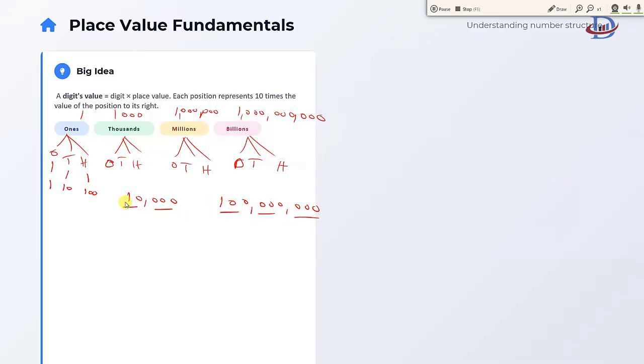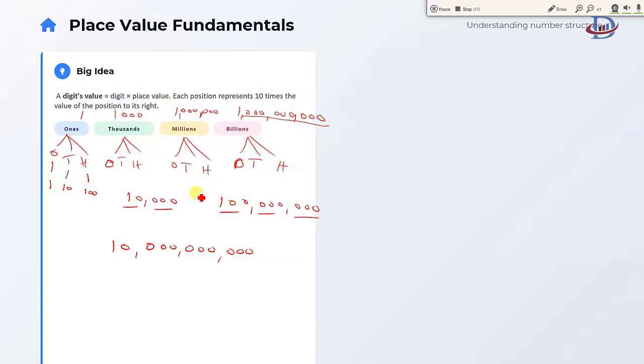Okay, simple like that. 10 billion. How many zeros are there in billion? 6 of them. So 1, okay, and then simple like that. You see, that is how we are dealing with the place value.